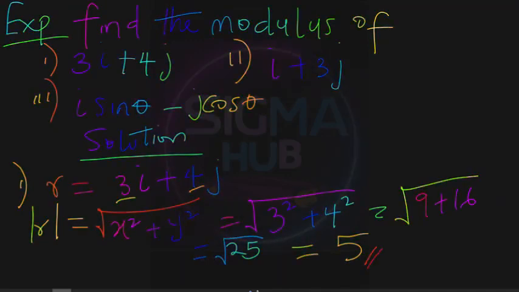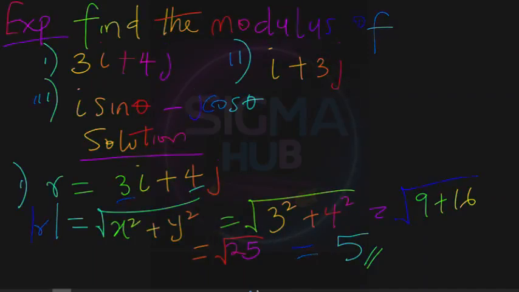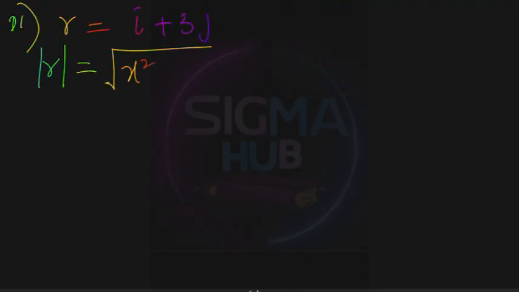Now let's quickly look into the second question, which says i plus 3j. Number 2: R is equal to i plus 3j. We already know that the modulus of R is the square root of x squared plus y squared.